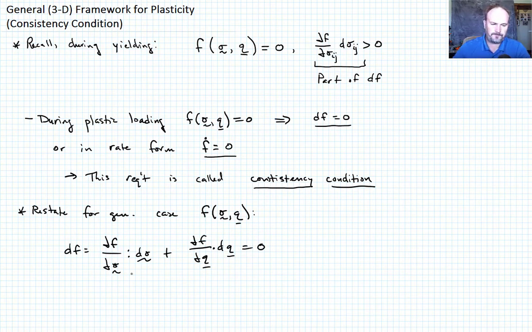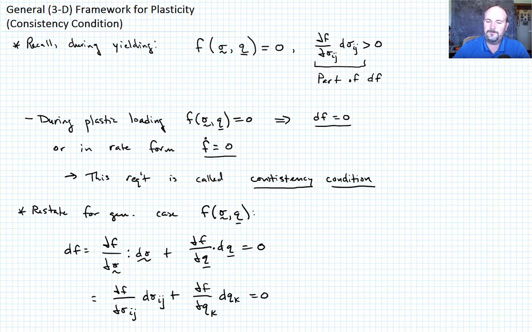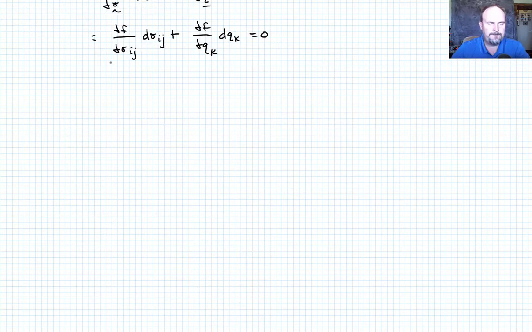If you prefer index notation, we could write this as the partial of f with respect to sigma ij, d sigma ij, plus the partial of f with respect to, let's say, qk, dqk, equals 0. So this illustrates what we were talking about in the last lecture.